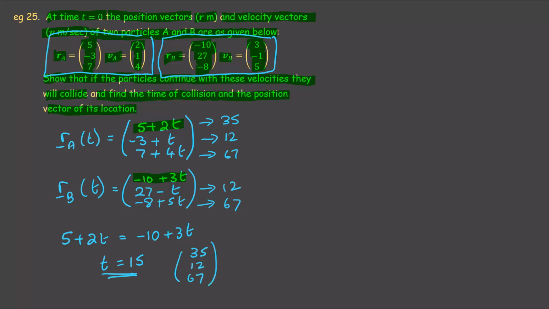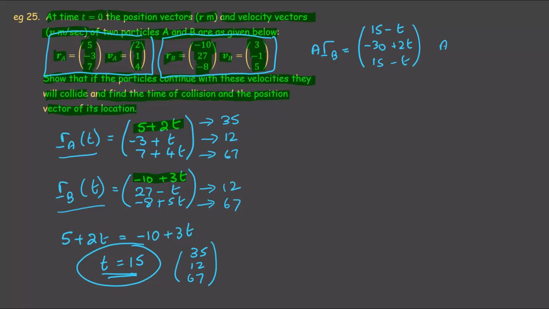But just to show you how the dot product does work, we'll use it to find the t, and then you would just repeat the same process. So the relative displacement RA minus RB would be 15 take away t, -30 plus 2t, and 15 take away t.